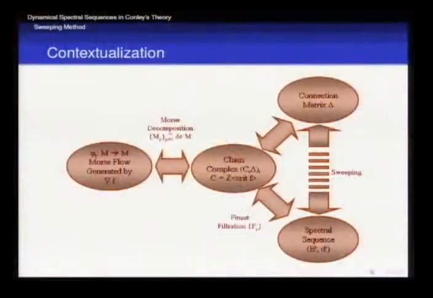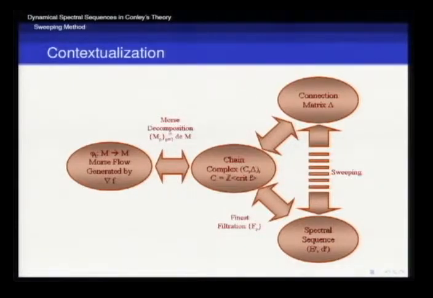So once again, looking at the global picture, we have the Morse flow, we have the chain complex, we know what the spectral sequence of a filtered chain complex is, and now we want to get that connection matrix, which is the boundary operator of this chain complex, and we want to produce a family of matrices through this sweeping method.